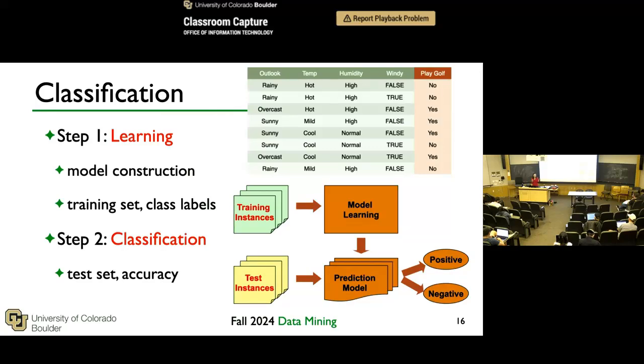Because naturally you want to say, I want to take the data set, throw it into my modeling process, get my model, and then I test it on the test set. So make sure you have clear separation between the training set and the test set. Your training process should not see the test cases.